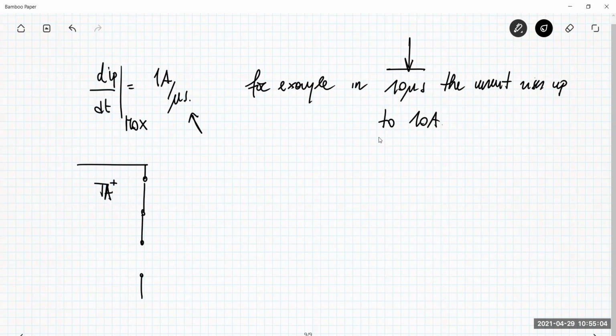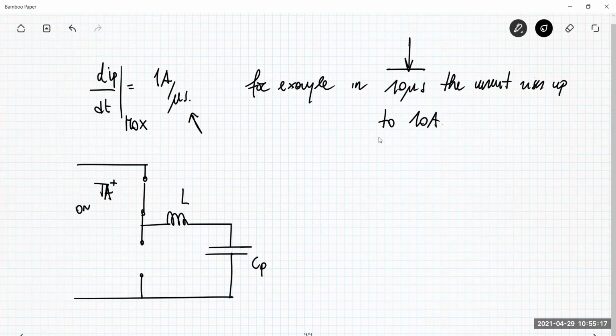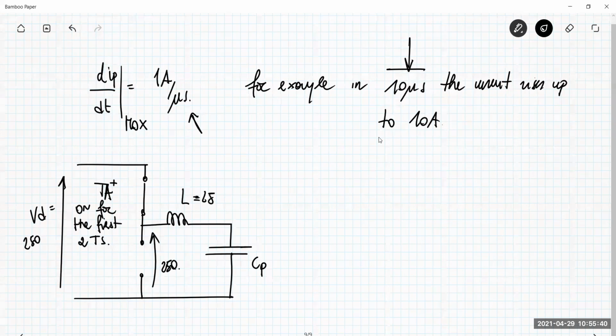So my switching action is to take this transistor TA plus on for the first 2 TS. This voltage is 250, and L is 250 microhenry, for example.